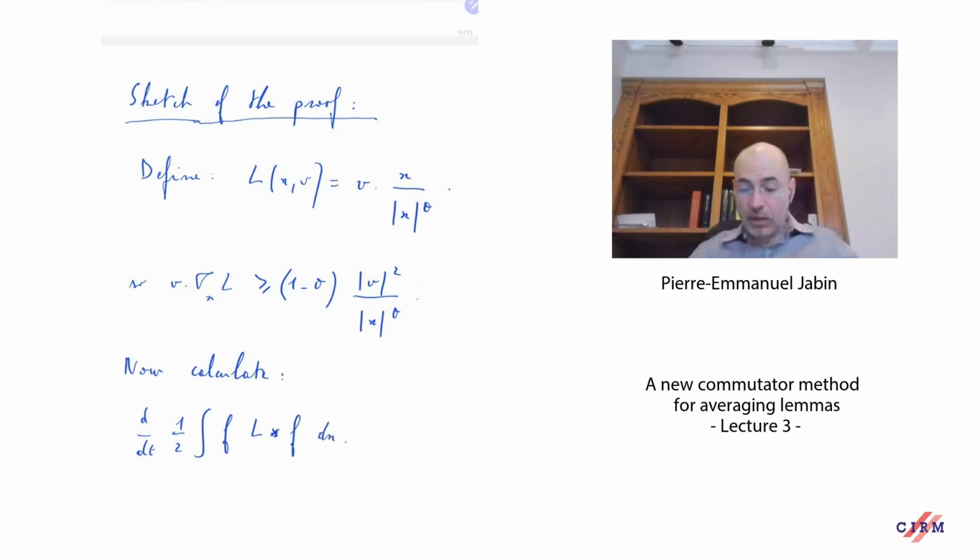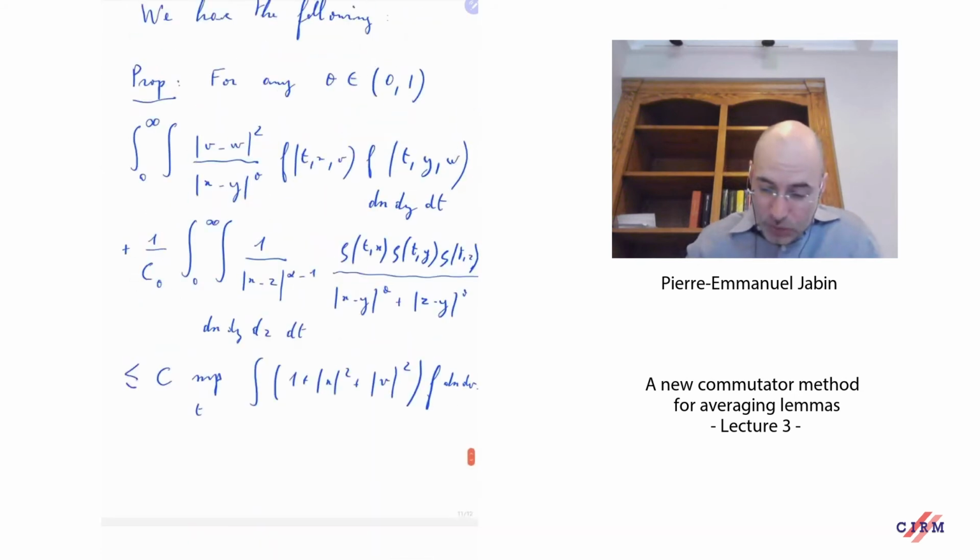And again, L is symmetric, so this is a very simple expression, right? Out of the commutator in velocity, I will get exactly this first term here. And then you have a force term, and the force term could be painful. But it turns out that if you use correctly the repulsive nature, then you can get an expression like that. So it has the right sign.